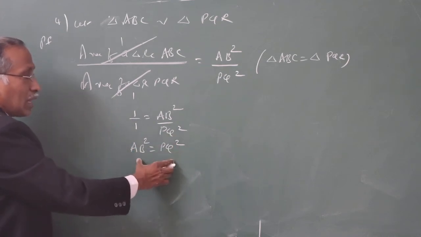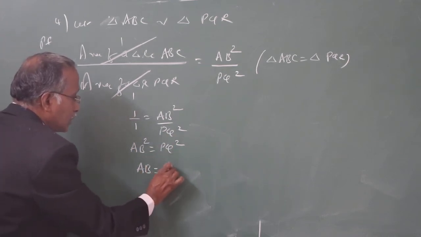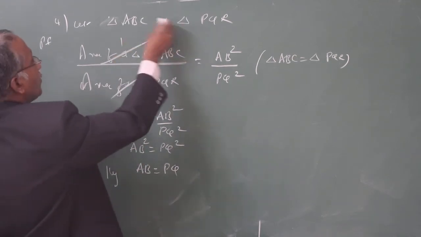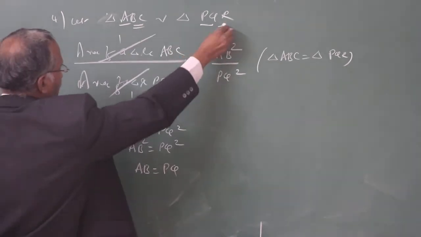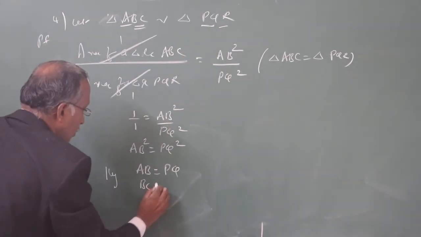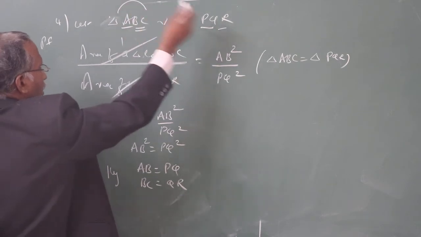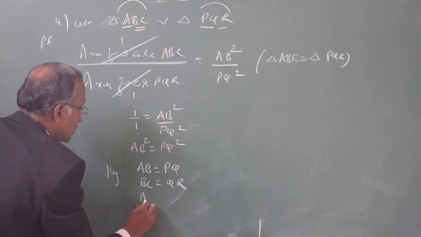When powers are equal, bases must be equal. Therefore, AB equals PQ. Similarly, you can prove BC equals QR, and similarly AC equals PR, which are also pairs of corresponding sides.